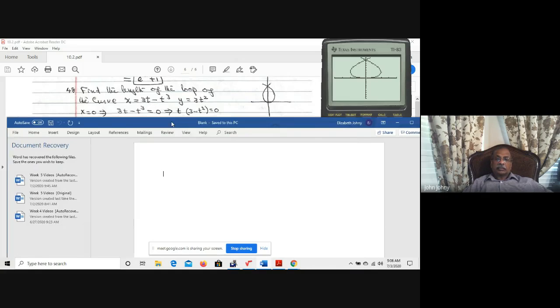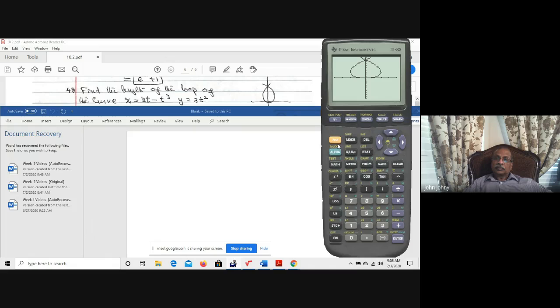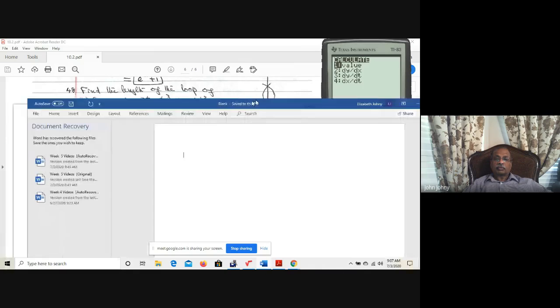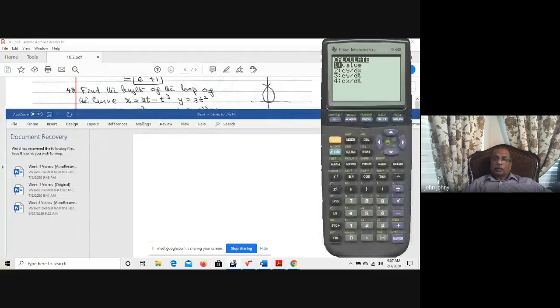Look at the graph again. Trace the y value: y is equal to plus or minus square root of 3.